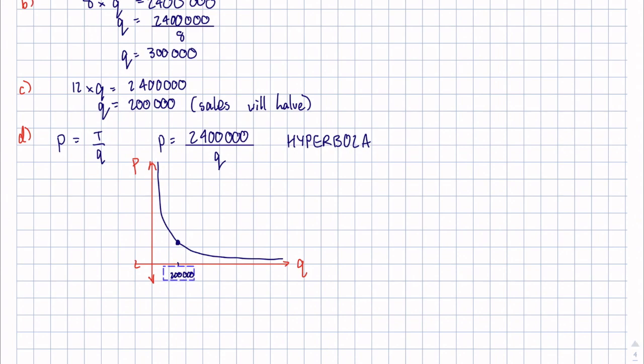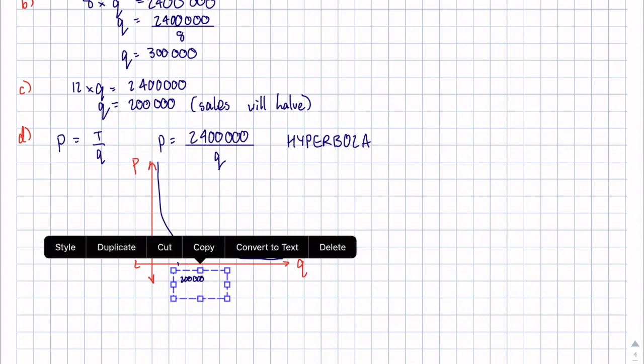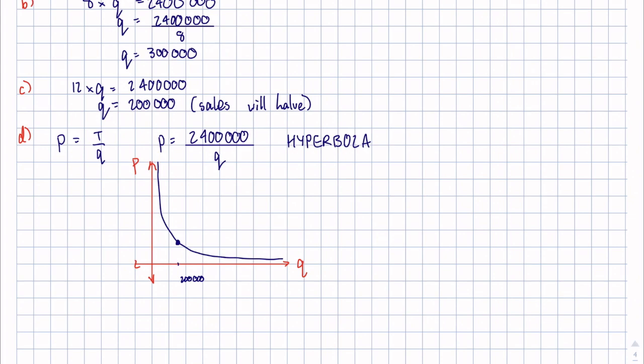Actually, I should move that over. Let me get this point. That's going to annoy me if I don't get it. There we are. So maybe that's 200,000 and this is 400,000. Then this point, we calculated it, at 200,000 we're going to sell at $12. At 400,000, it was $6.